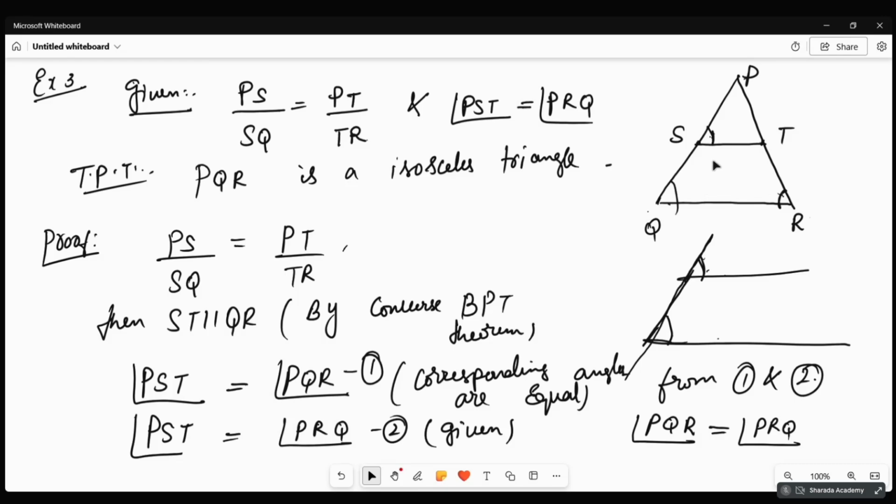If two lines are parallel, then corresponding angles are equal. So I have written S and Q angles are equal by corresponding. And they have already given S and R are equal. So from these two equations, the LHS is equal, then the RHS should be equal, right? So PQR is equal to PRQ, that is angle Q and angle R are equal.